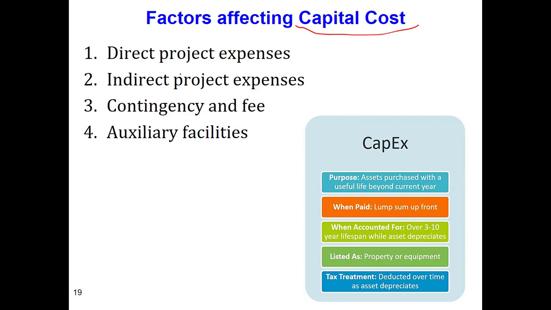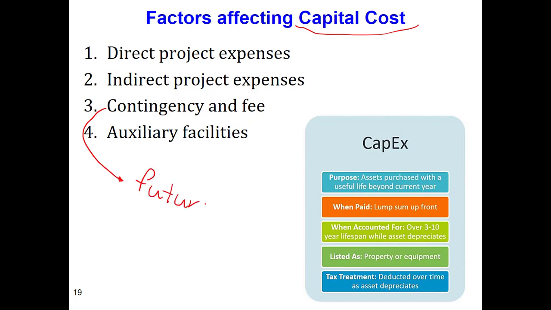We have direct project expense, indirect project expense, contingency and fees. Contingencies are those expenses that we might have in the future.